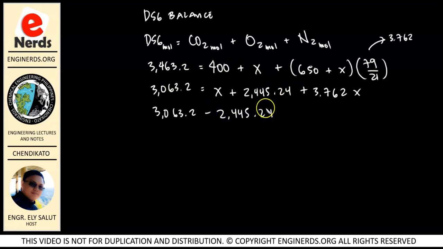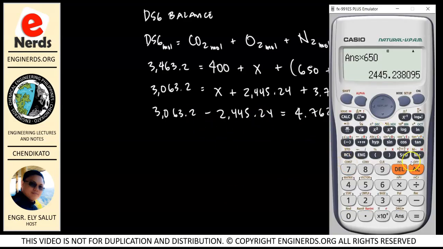So, I just transpose that to the left side. Is equal to 3.762 plus 1, which is 4.762x. Okay? So, now, let us just solve this.